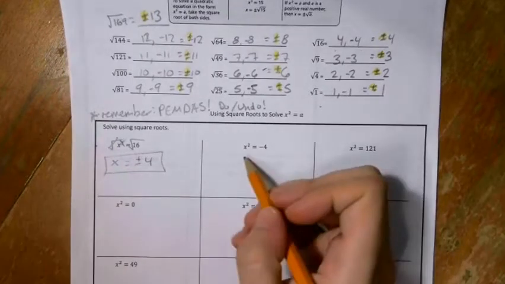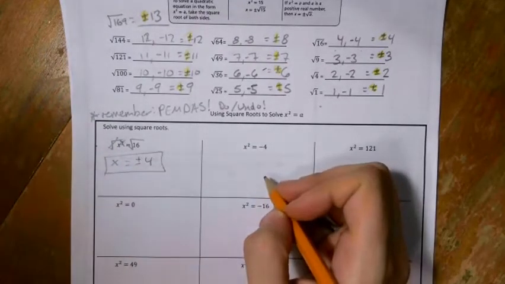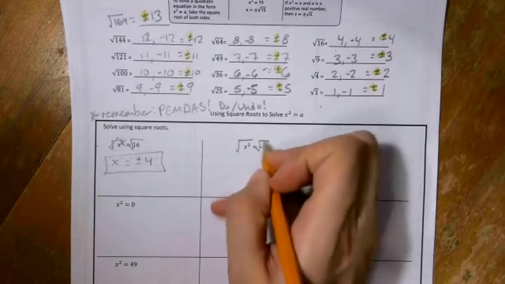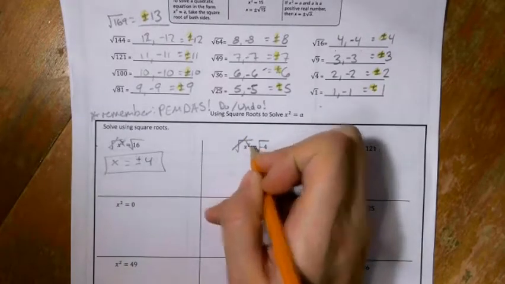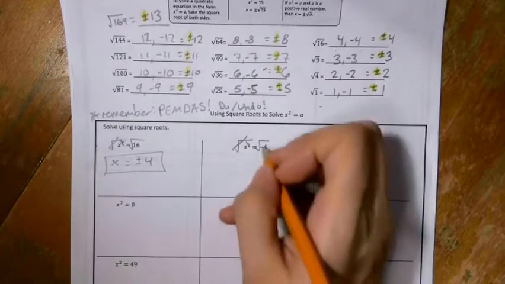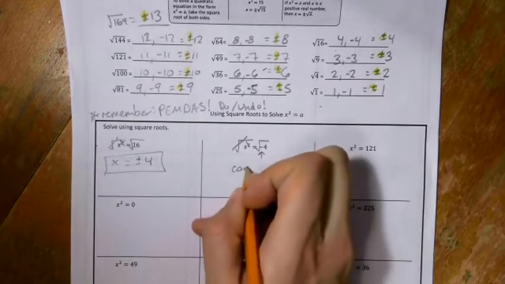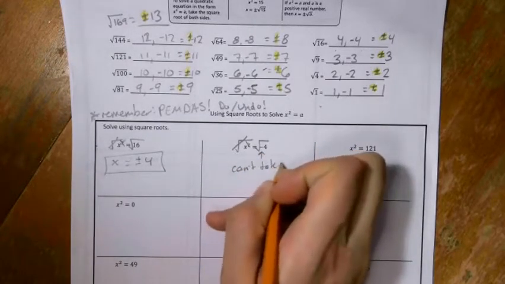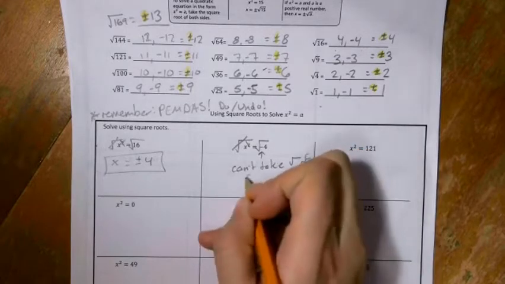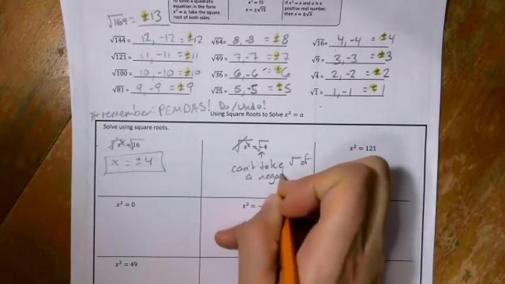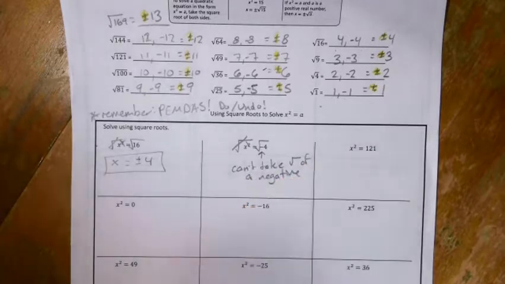Let's take a look at x squared equals negative 4. Wait a second. If we square root both sides, the squared and the square root cancel each other out, but we can't take the square root of a negative. We cannot take the square root of a negative. When you get into Algebra 2, they will talk about a special notation that we have for that situation.